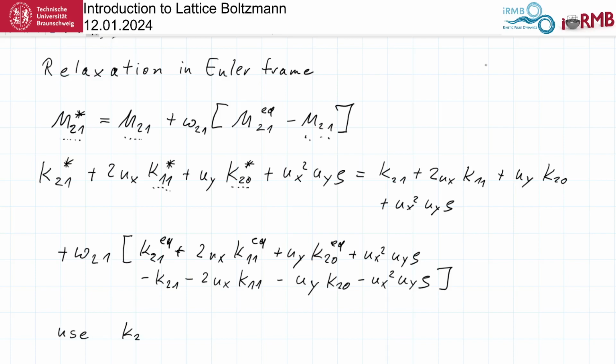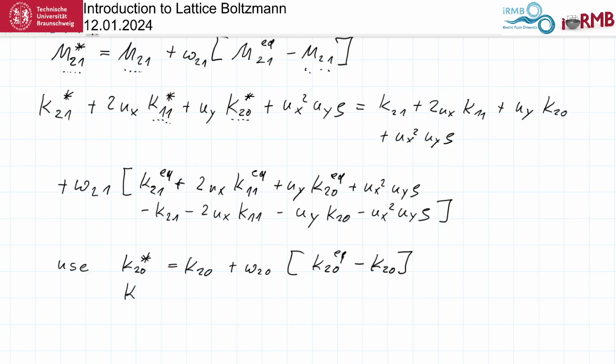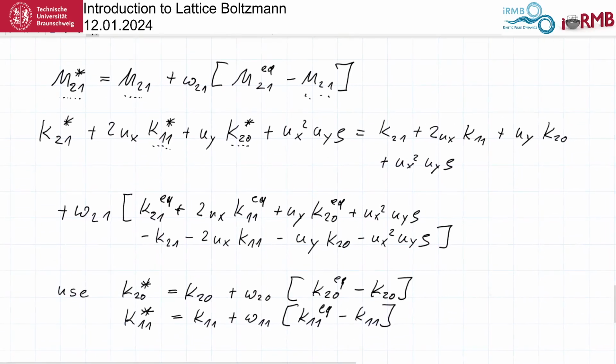K20 asterisk is equal to K20 plus omega 20 times K20 equilibrium minus K20, and K11 after collision is K11 before collision plus omega 11 times K11 equilibrium minus K11. This we can now plug into the equation above.